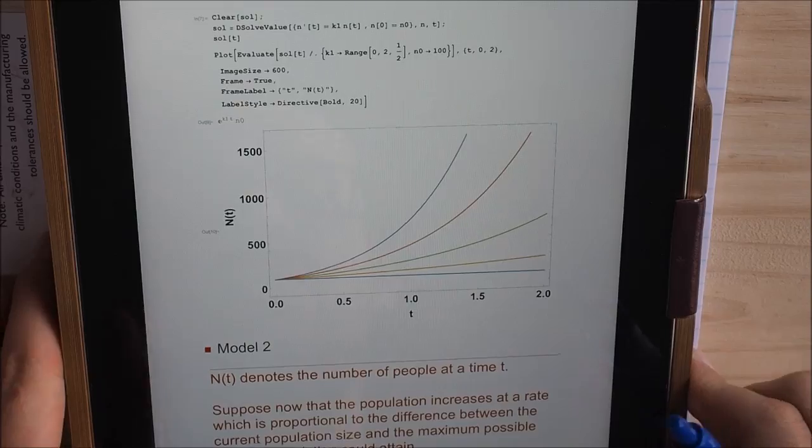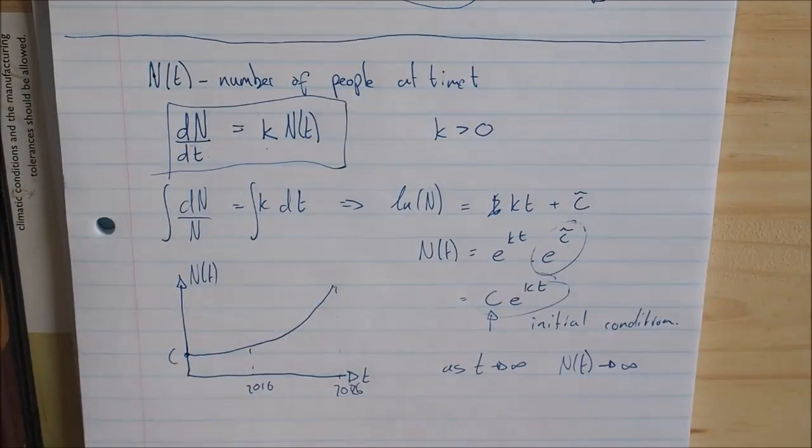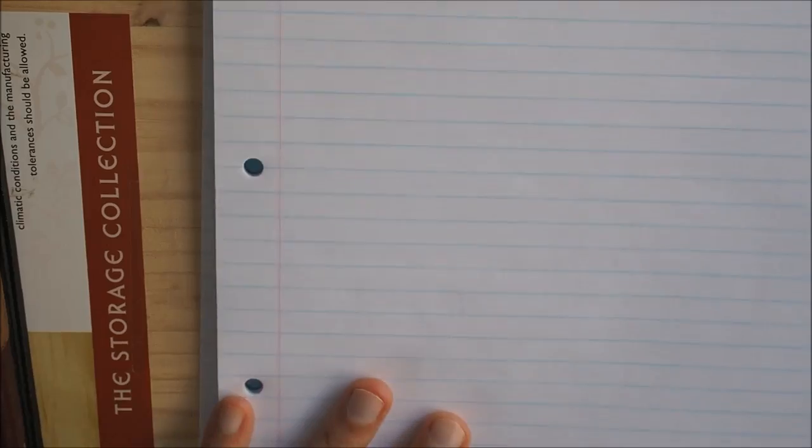Right, so model 2. Again, we have that N(t) denotes the number of people at any time. The description of the model says, suppose now that the population increases at a rate which is proportional to the size difference between the current population size and the maximum possible population size.